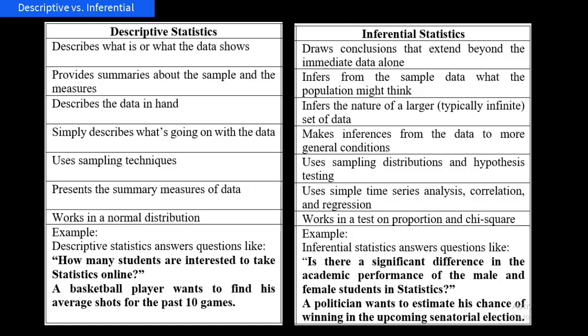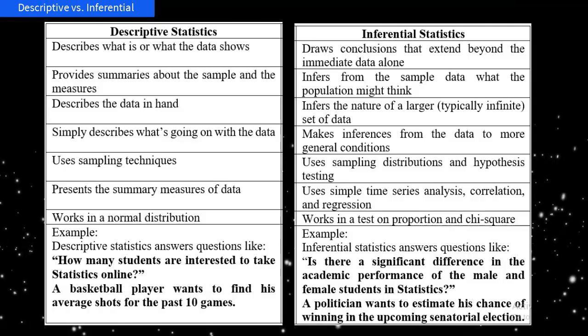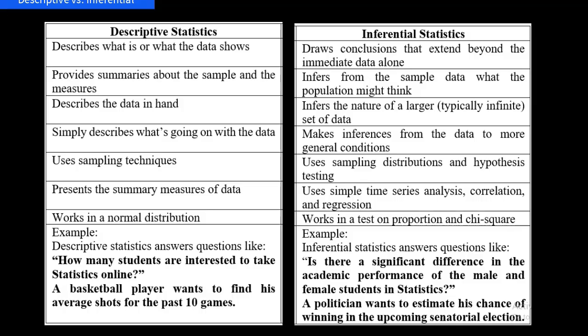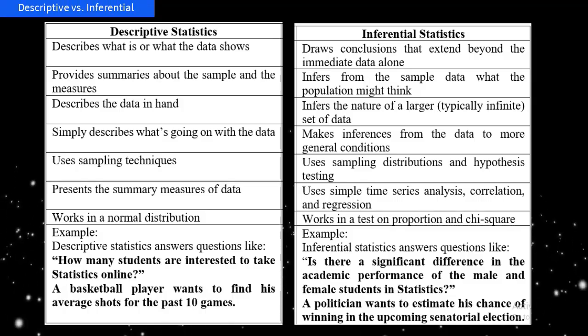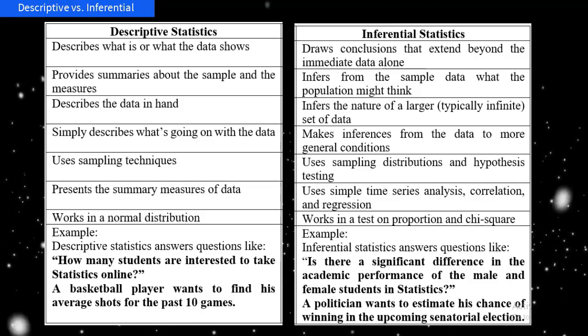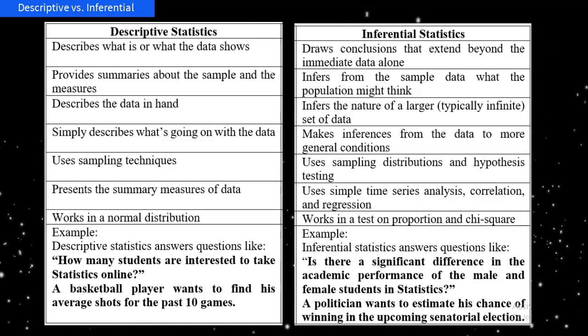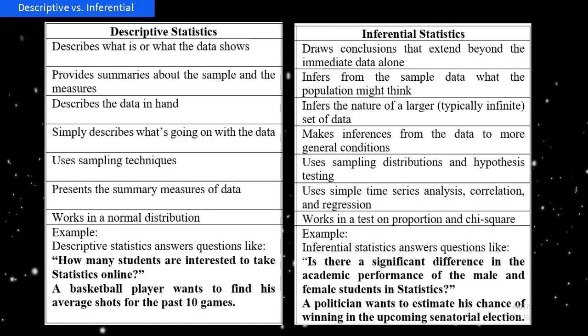It uses sampling distributions and hypothesis testing, uses simple time series analysis, correlation, and regression, and works in a test on proportion and chi-square. For example, inferential statistics answers questions like, is there a significant difference in the academic performance of the male and female students in statistics? Or, a politician wants to estimate his chance of winning in the upcoming senatorial election.